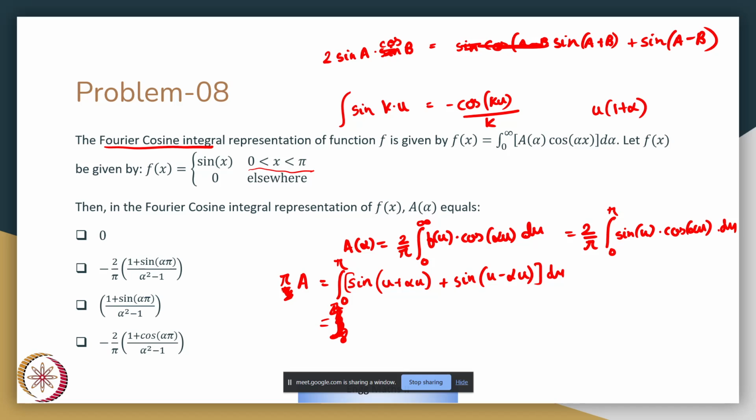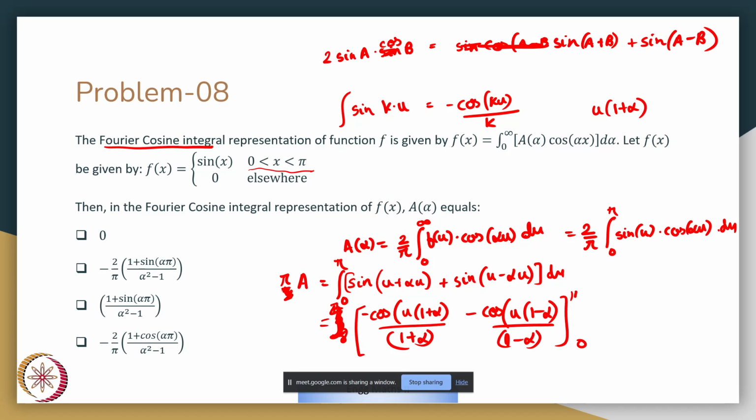For our case, both of these are of the type sine of ku. So we get minus cos of u times 1 plus alpha upon 1 plus alpha minus cos of u times 1 minus alpha upon 1 minus alpha with the limits 0 and pi.